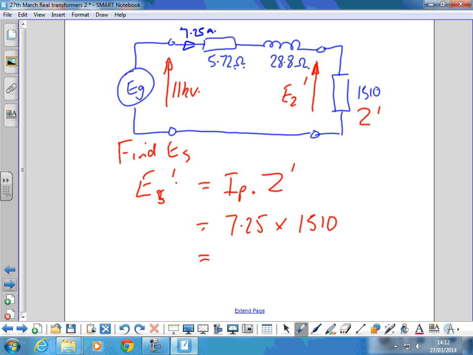It's that imaginary voltage that has been transferred to the primary side. We can then transfer it back, can't we? We know it's got to go down, so we know we've got to divide by A. So what did that come out as?